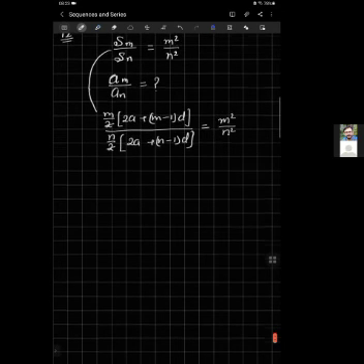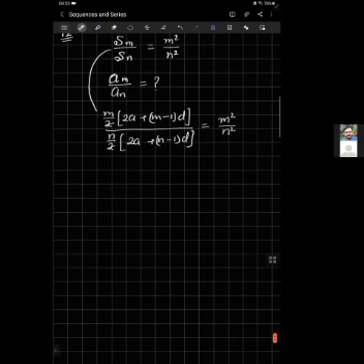Now we are taking this m to m, one term cancels. This n to n term cancels. Now cross multiply. 2a plus m minus 1 into difference d into n is equals to m into 2a plus n minus 1 into difference d. Let us open the bracket.